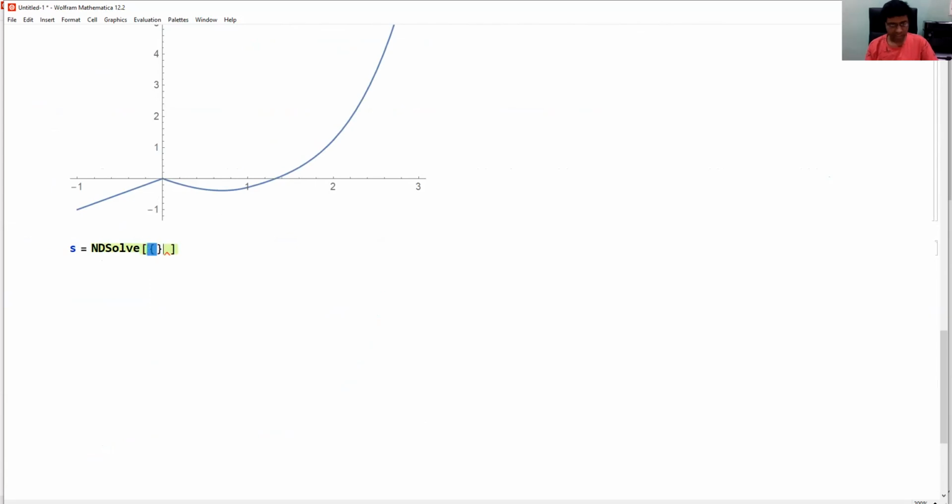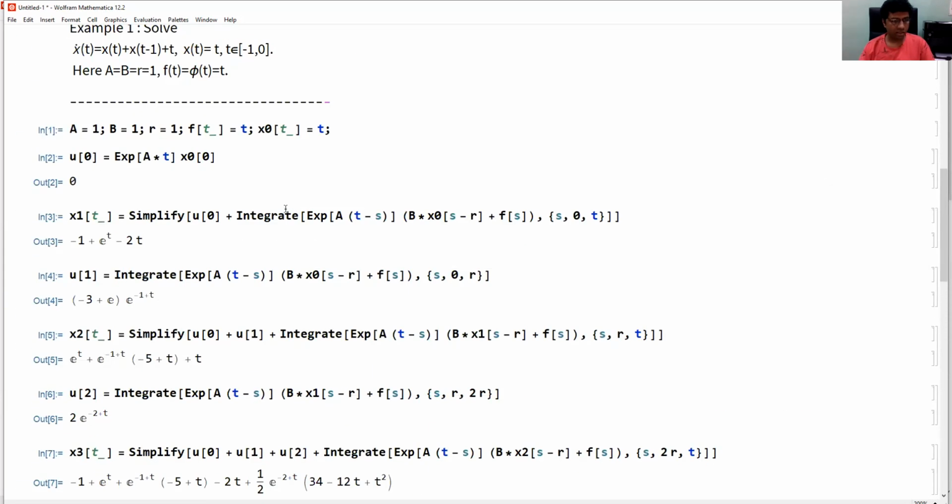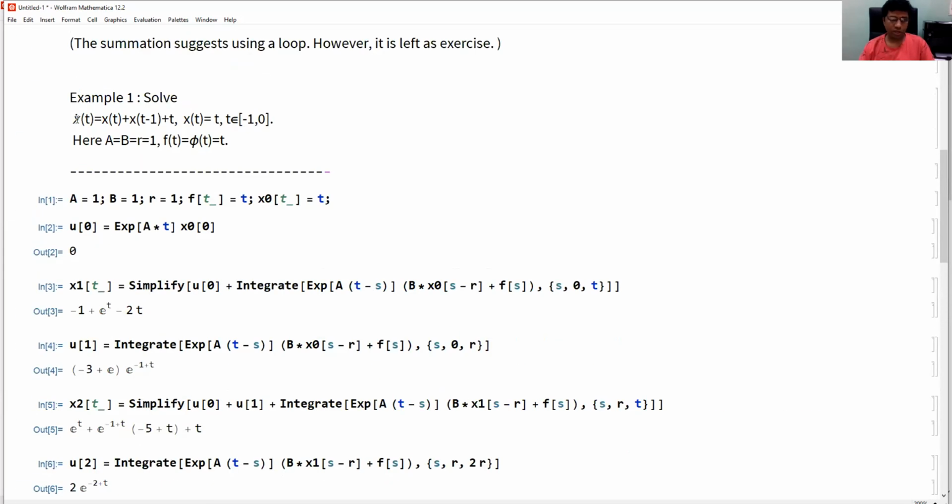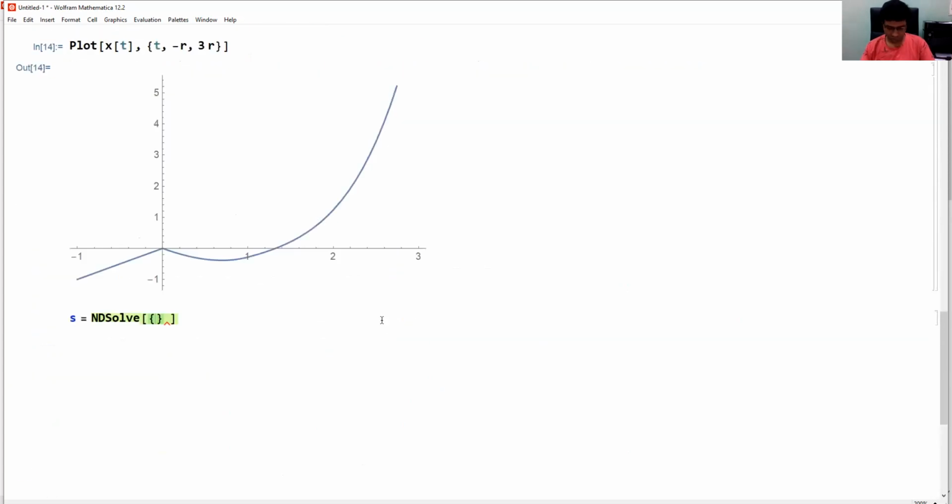The first thing is a list containing the delay differential equation and the initial data. Here it is. Instead of x, we will use the variable y because x is already used so many times. So we insert this as y'[t] equal to y[t] plus y[t minus 1] plus t.